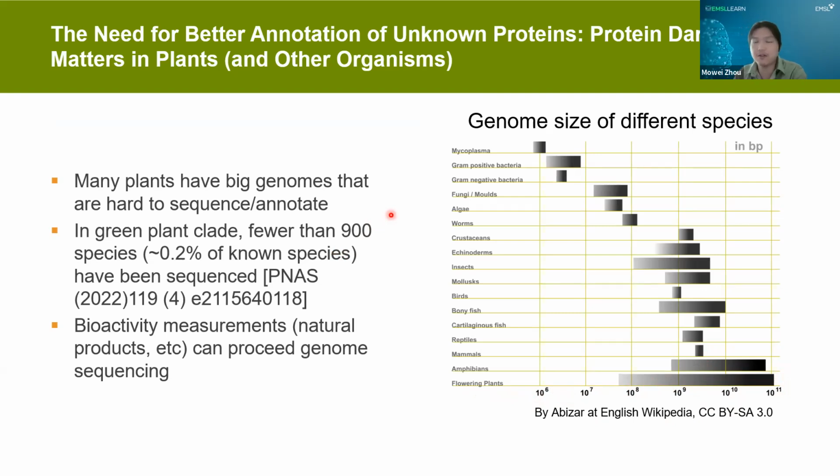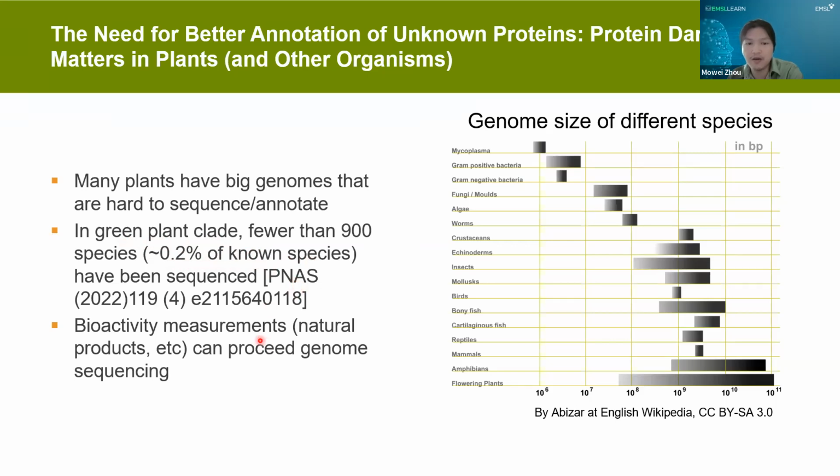And if it's not a very popular organism for funding agencies, it's hard to even get funding to annotate them. A recent PNAS paper estimated that only about 0.2% of known species in the green plant clade have been sequenced. So there are a lot of unknowns because of the challenges of sequencing those genomes.